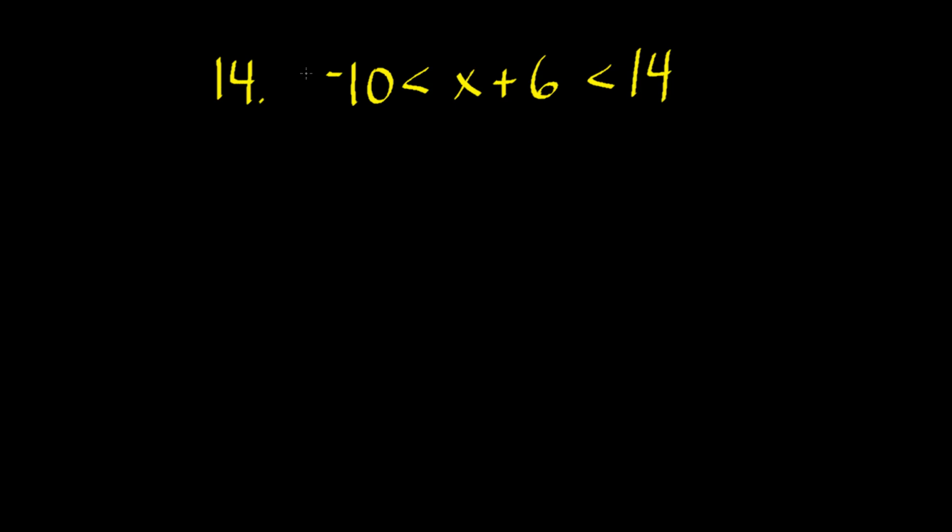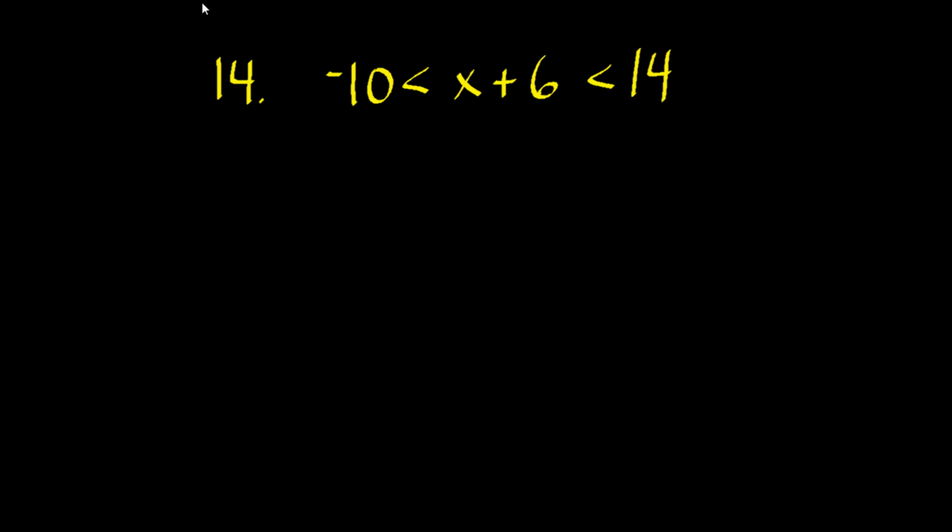For our last problem, we will solve a compound inequality. It's important to realize that this is two inequalities. -10 is less than x plus 6, and x plus 6 is less than 14. We could solve these separately and then put our answer back into a compound inequality. However, I prefer to do this as one problem.